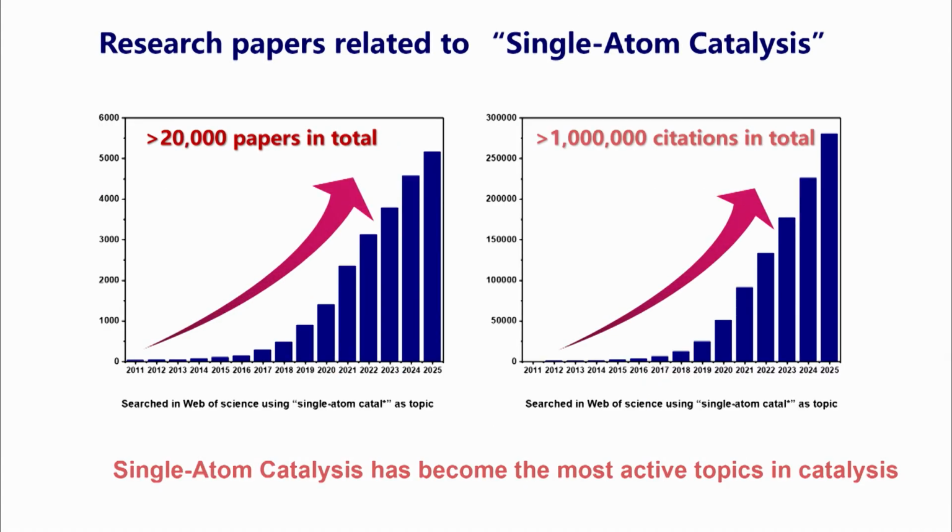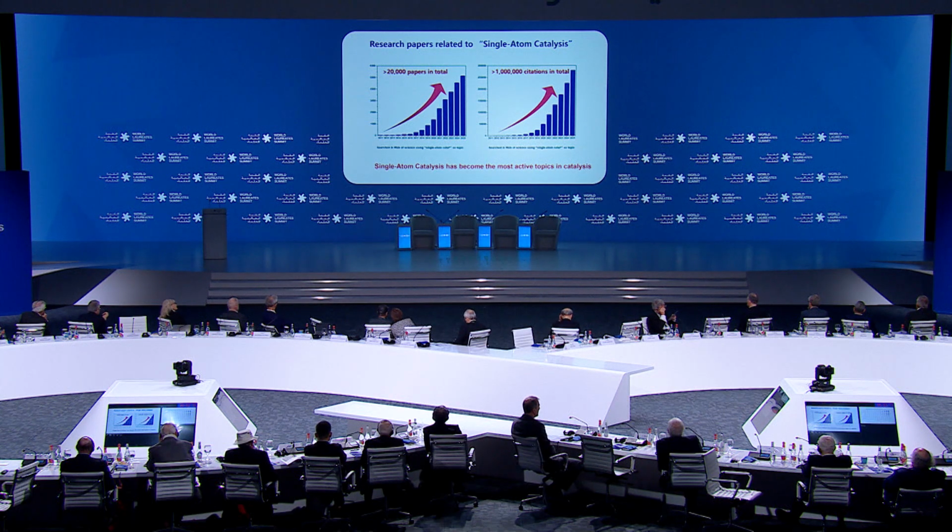From 2011, after our work, there are 20,000 papers published in this field and more than 1 million citations. So single atom catalysis has become the most active topic in catalysis.